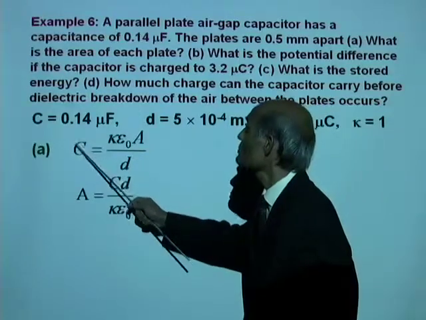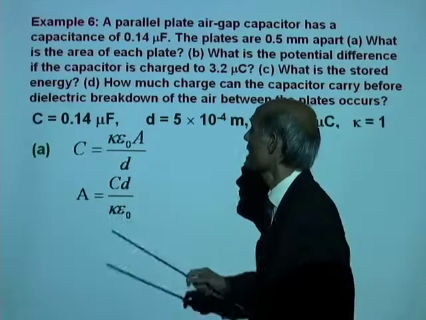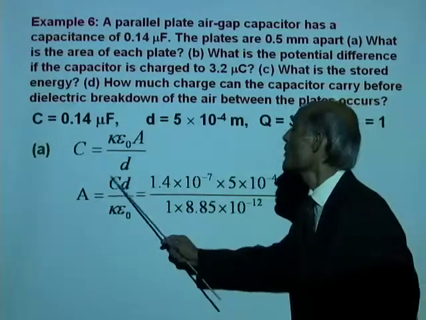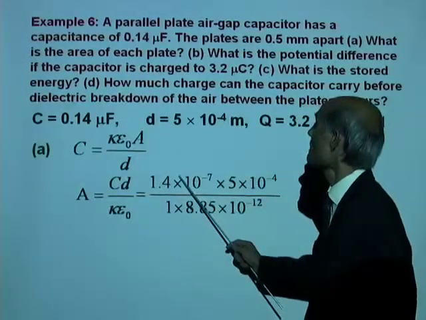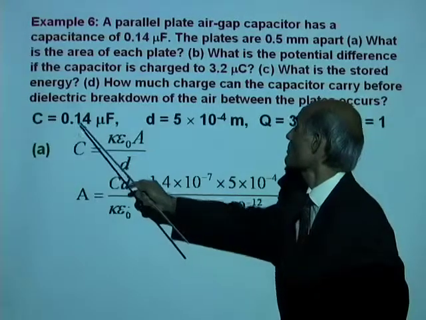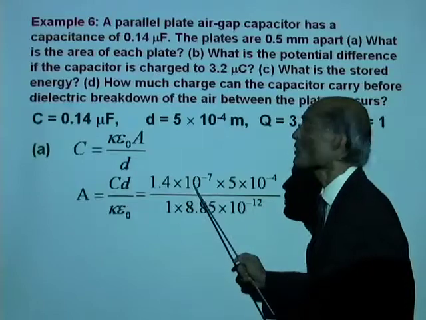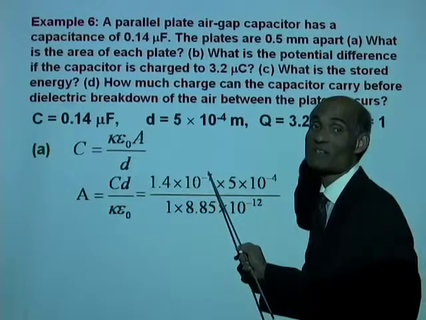Area equal to CD divided by kappa epsilon naught. And you know the capacitance. That will be 0.14 microfarad, which is 1.4 times 10 to the negative 7 farad.